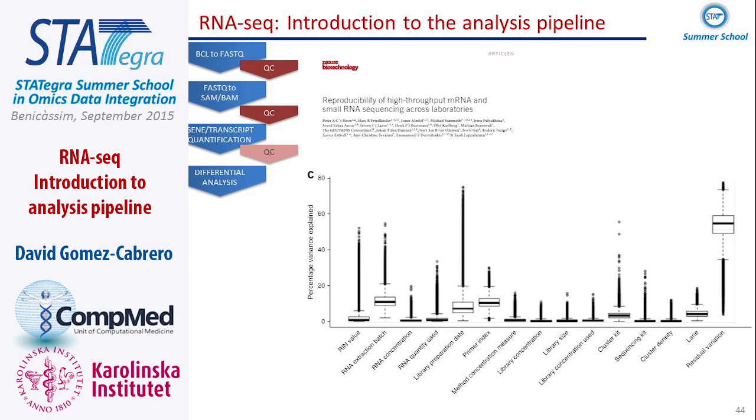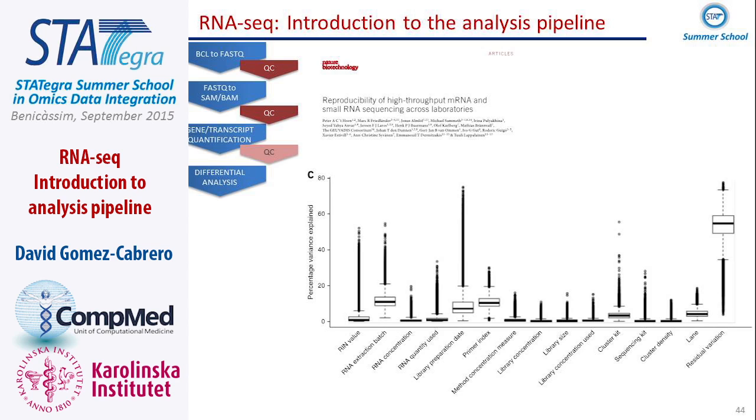So we have a batch effect. The library preparation date was very important. So library preparation was extremely important. And the primer index used. Those things are good to be aware of, because those will affect your experiments.